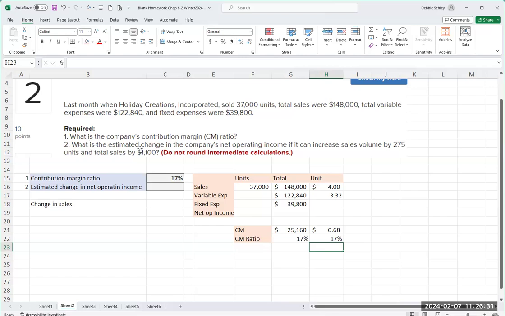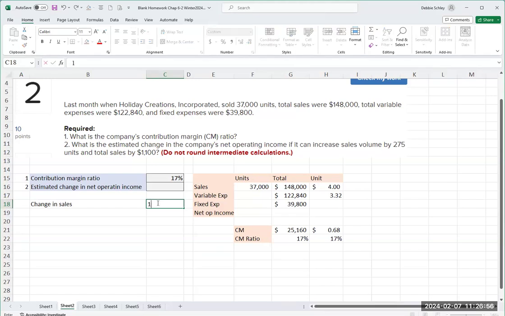So number 2, what is the estimated change in the company's net operating income if it can increase sales volume by 275 units and total sales by 1,100? Now that we have the contribution margin ratio, we know that the increase in net operating income is going to be the contribution margin from that increase in sales.